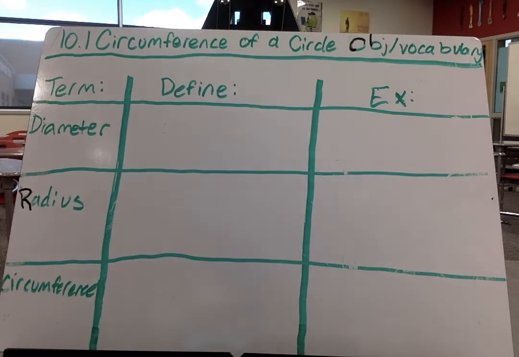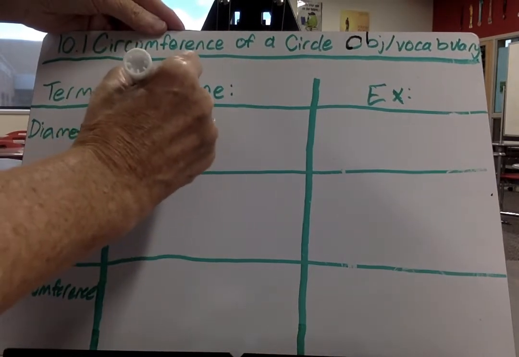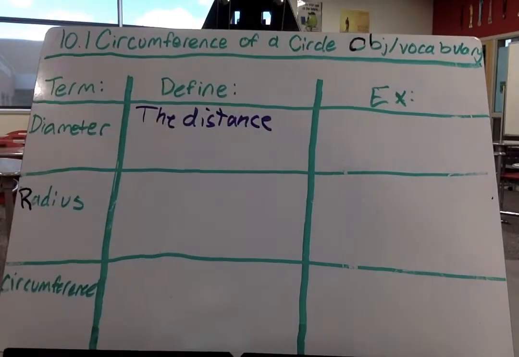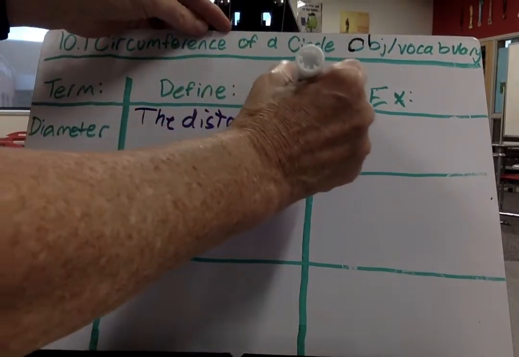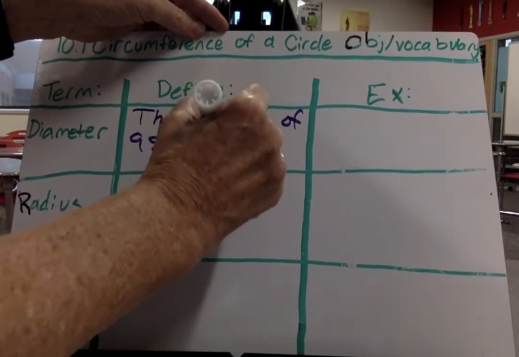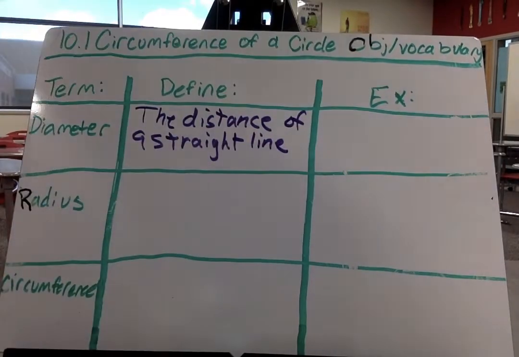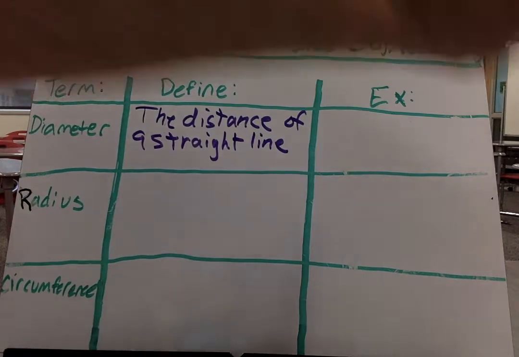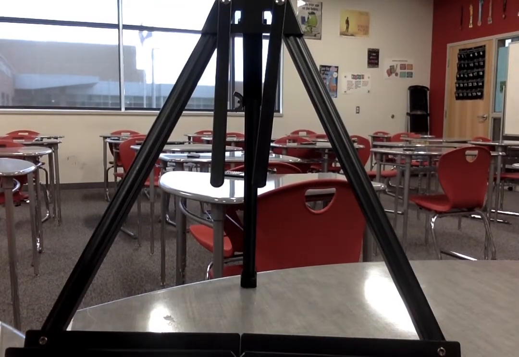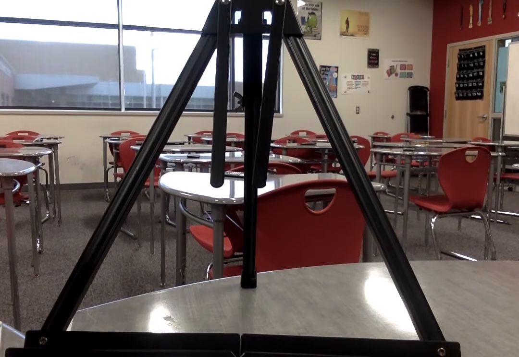The diameter is the distance of a straight line that goes through the center of the circle.